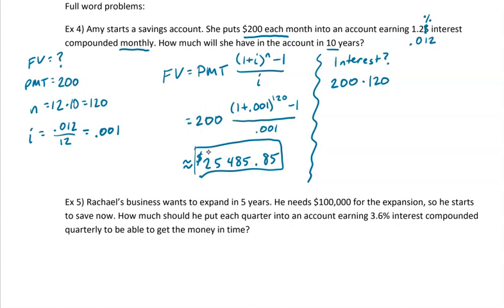So if we multiply 200 times 120, we should get 24,000.